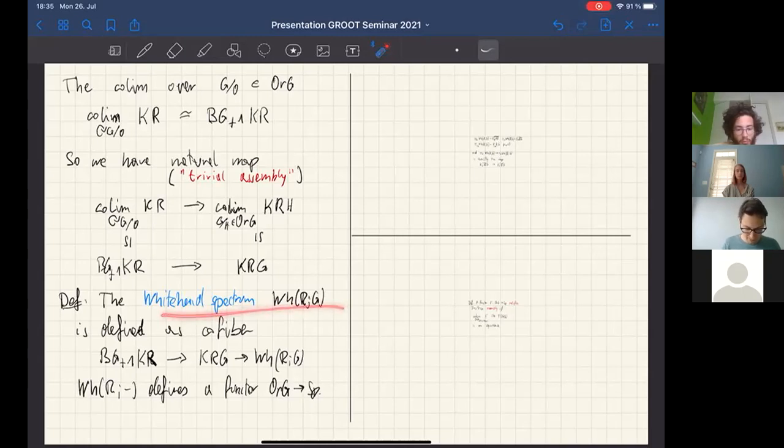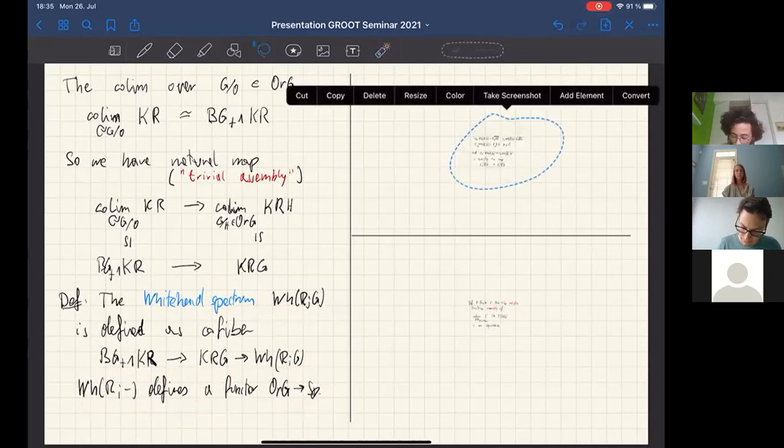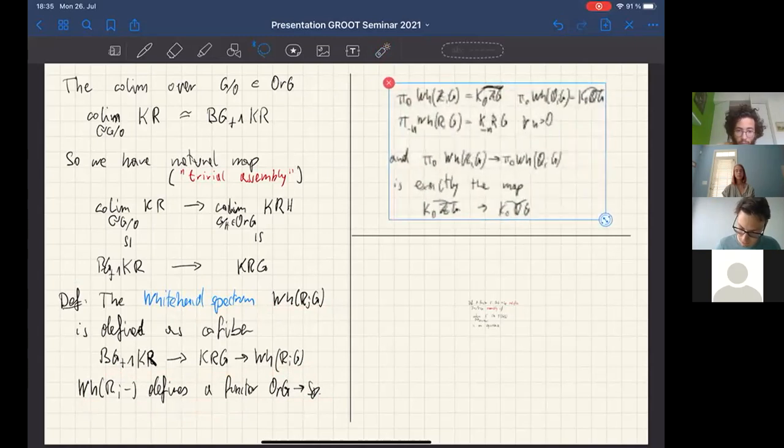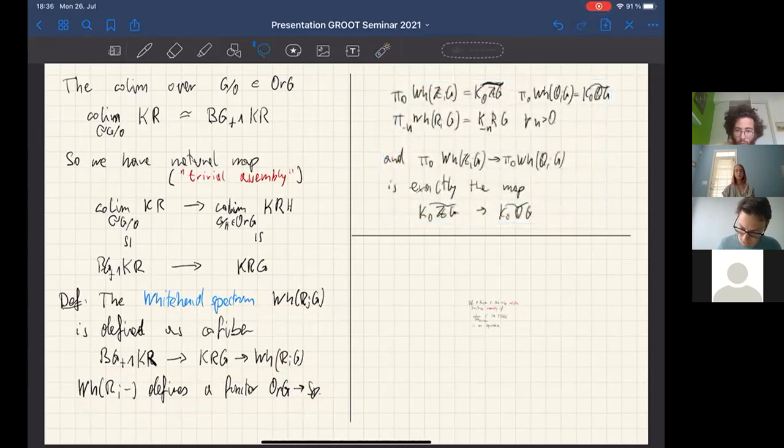So you define the Whitehead spectrum as the cofiber of this map, similar to how we defined reduced K-theory as the cokernel. And then it's not hard to show that this defines a functor on the orbit category, similar to K-theory. And if you compute the homotopy groups of this, because you have this fiber sequence, it's not really hard.